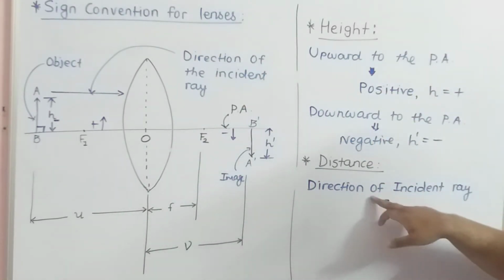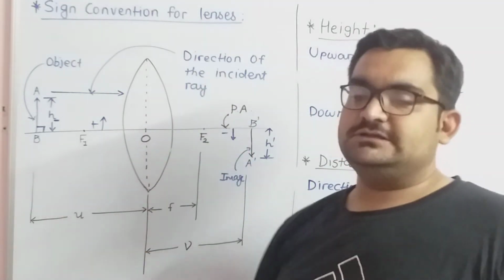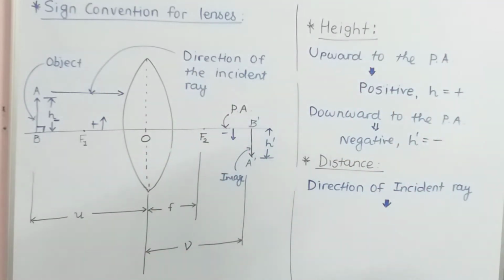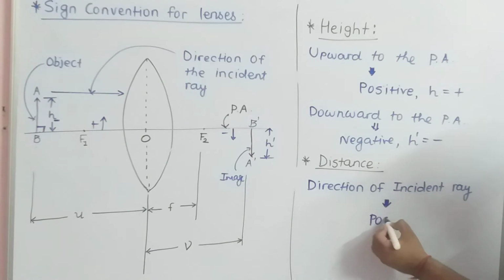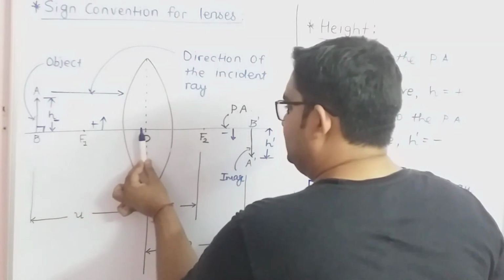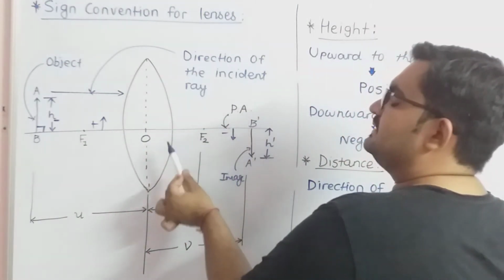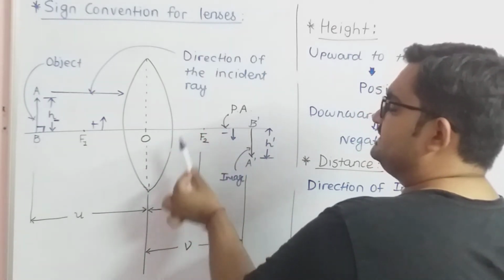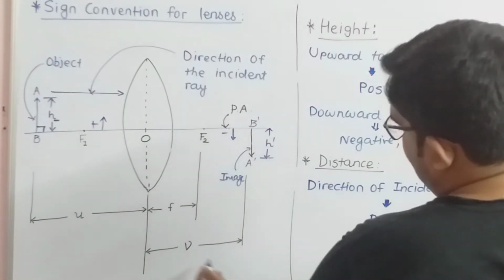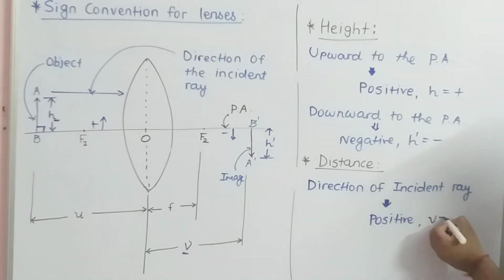In the direction of the incident ray we measure all distances as positive. In general we can say that on the right side of the lens we measure all distances as positive. So here v, the image distance, is positive.